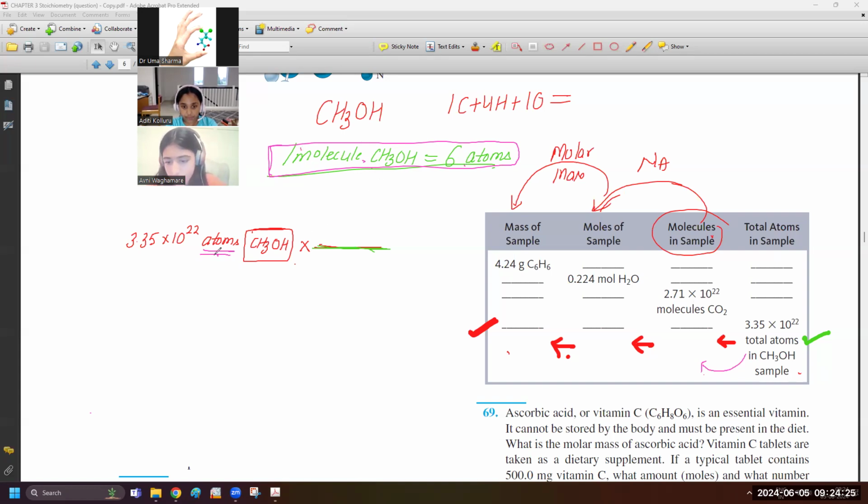And the number of atoms is given to me. I want to know the number of molecules. I'm not using Avogadro's number to know the mole. So I'll put the ratio like this: 1 molecule of CH3OH over 6 atoms. Atoms cancelled.